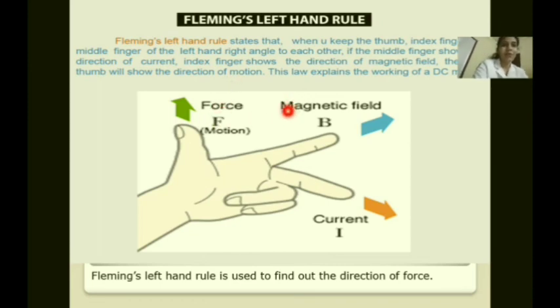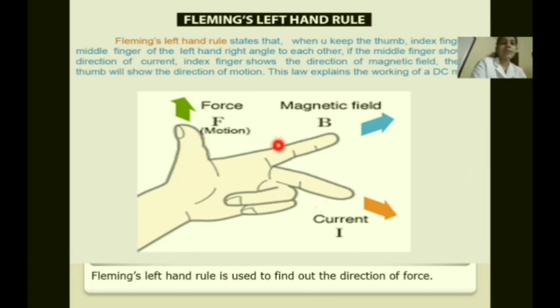Mother for magnetic field, M. Then current, C. First letter is C, so it is child. Father for force, mother for magnetic field, then child for current. So this will be the order: father, mother, child. So you can easily remember the order.